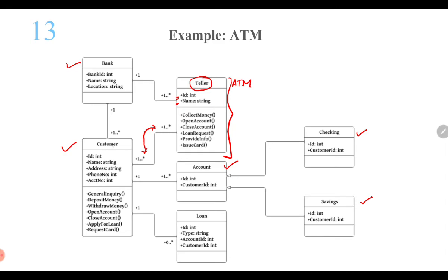That means between customer and teller, it shows that one or more customers can access one or more ATM machines at one particular instance. So that is important. Bank is connected with customer, bank is connected with ATM, then customer has an account, and a customer can also have a loan, and the account can be a checking account or a savings account.